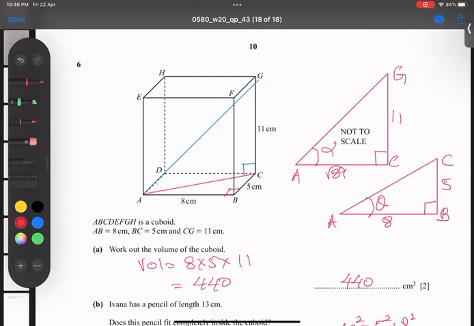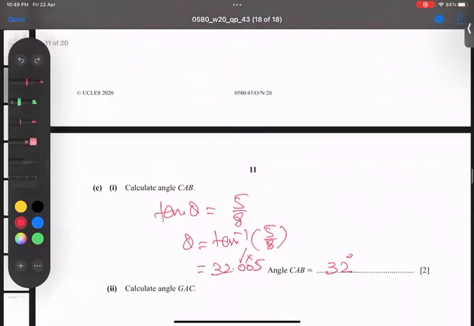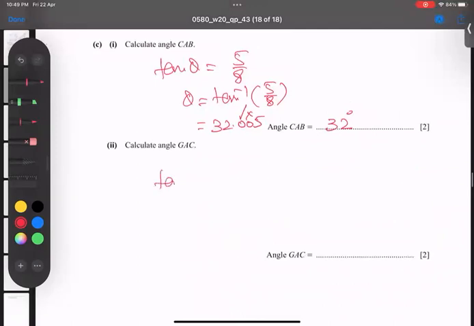So opposite 11, adjacent root 89. Again repeat. In front of the angle is called opposite, in front of 90 is called hypotenuse, and this is adjacent. So opposite by adjacent. Again tan inverse is working. 11/√89. Tan goes on the right hand side and becomes inverse.